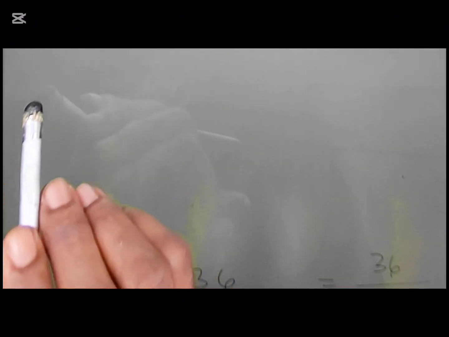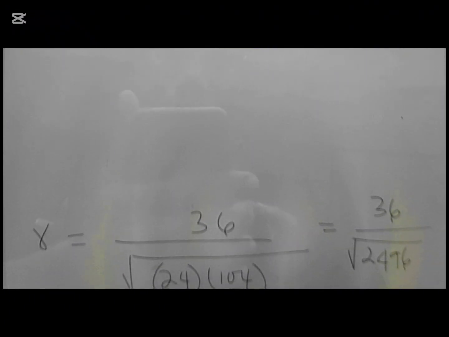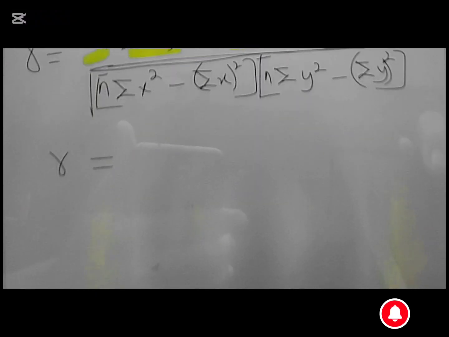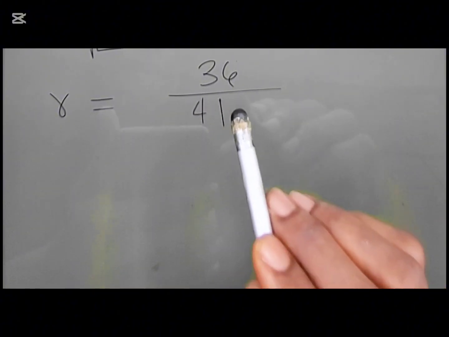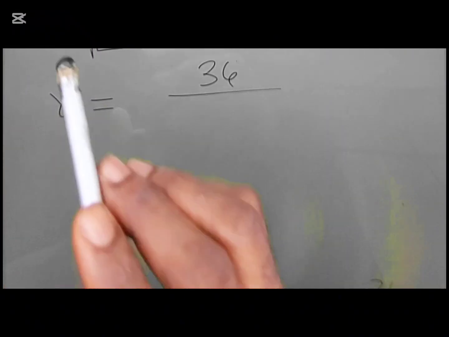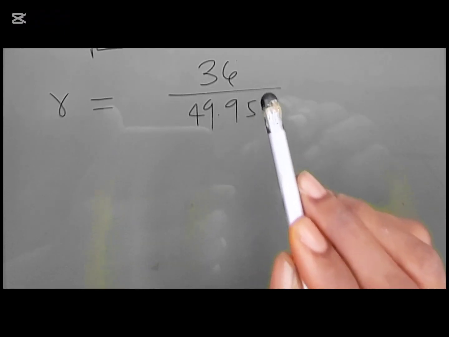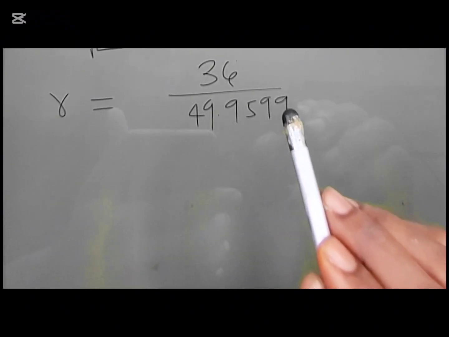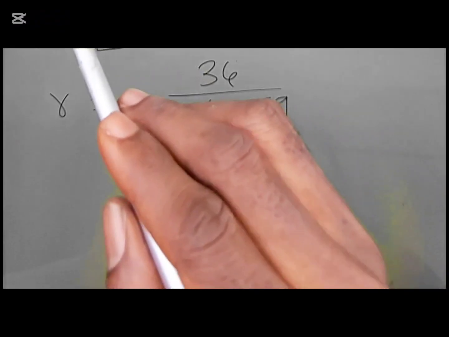Okay, so lastly here, r will be equal to 36 divided by the square root of 2496. The square root of that is 49.9599123.